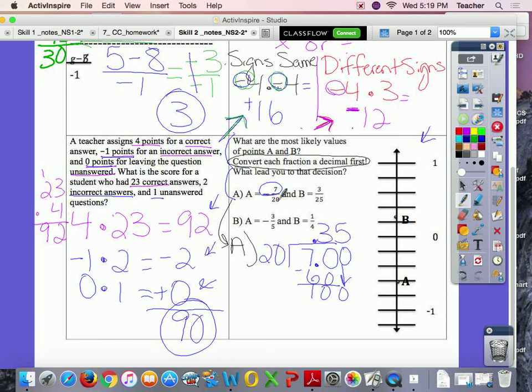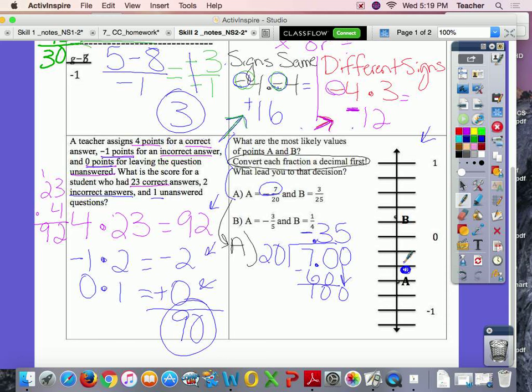So what's our answer going to be? Negative 35/100. So let's see on our number line if that makes sense. Should we be down here? Are we in the negatives? Is it about halfway, a little less than halfway past? Sure. It probably should be a little closer up here.